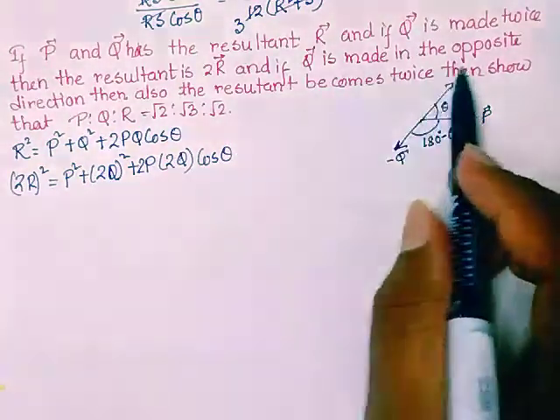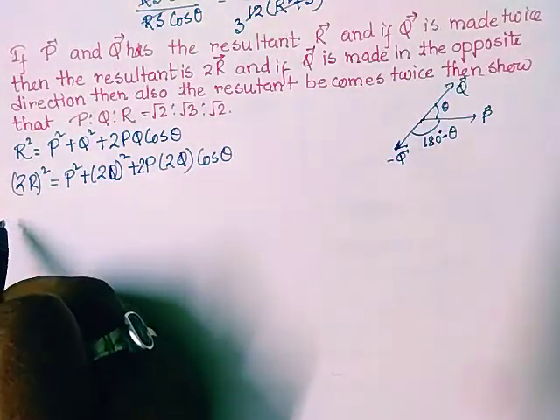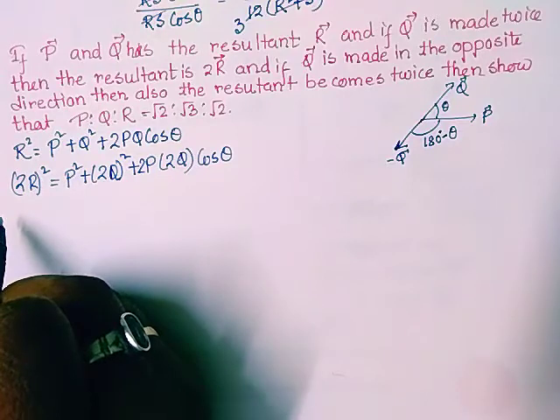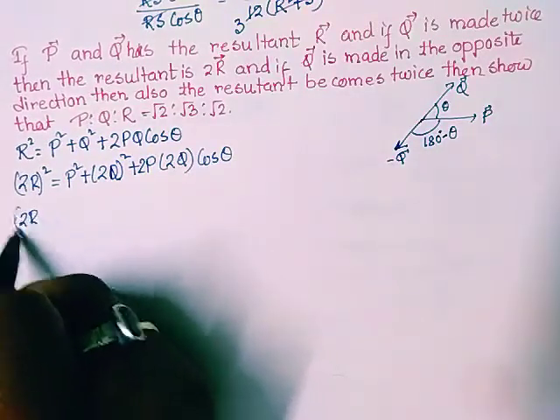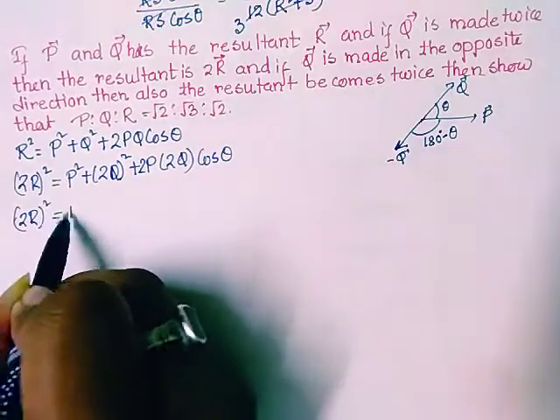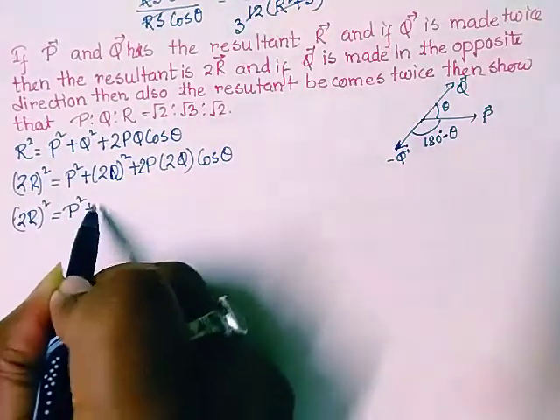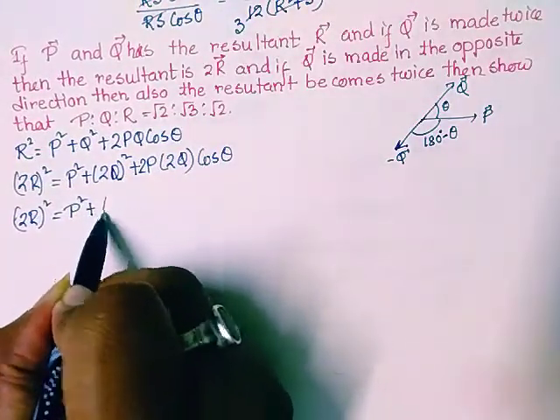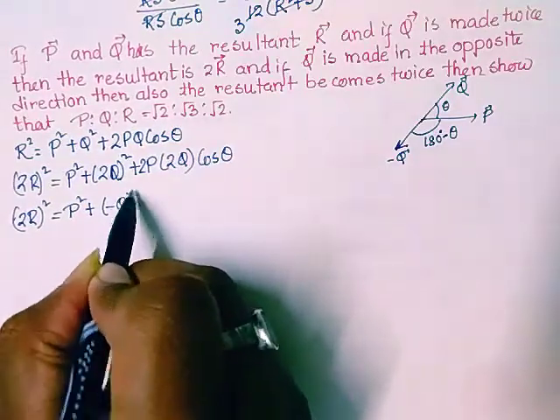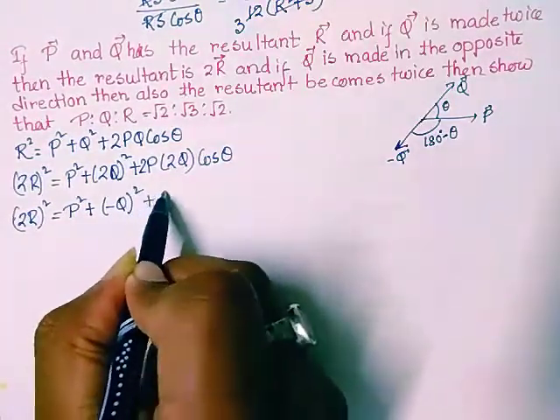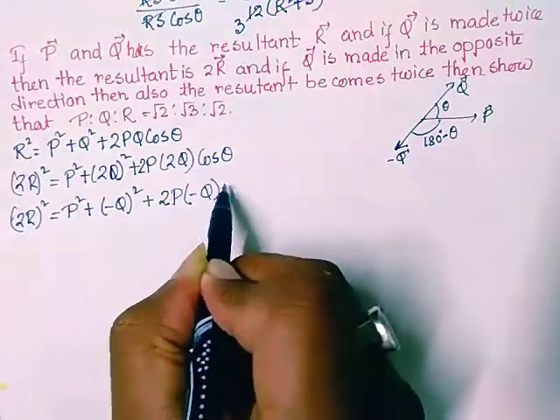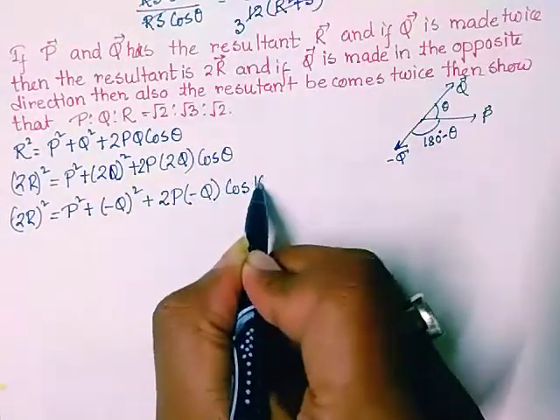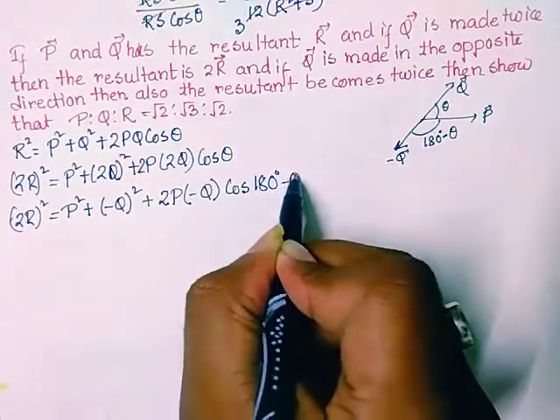So in these considerations also the angle is 180 degree minus theta and resultant is twice. So it is 2R whole square equal to P square plus Q is made opposite, so it is minus Q square plus 2 into P into minus Q into cos 180 degree minus theta.